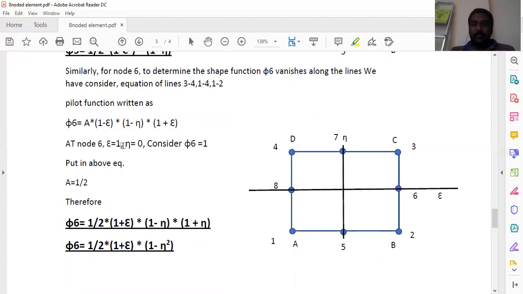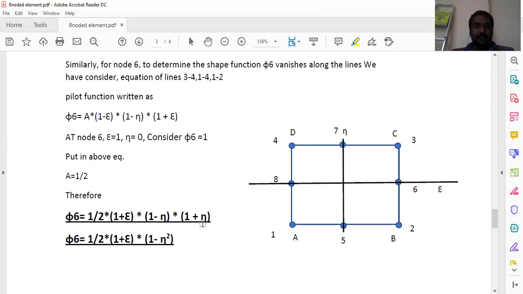The coordinates are zeta equal to 1, eta equal to 0, and considering phi 6 equal to 1, we get a equal to 1 by 2. Once we get the constant a equal to 1 by 2, we put it in the above equation. Therefore phi 6 will be equal to 1 by 2 (1 plus zeta)(1 minus zeta)(1 plus zeta). We can write it as (1 plus zeta)(1 minus zeta square) also.